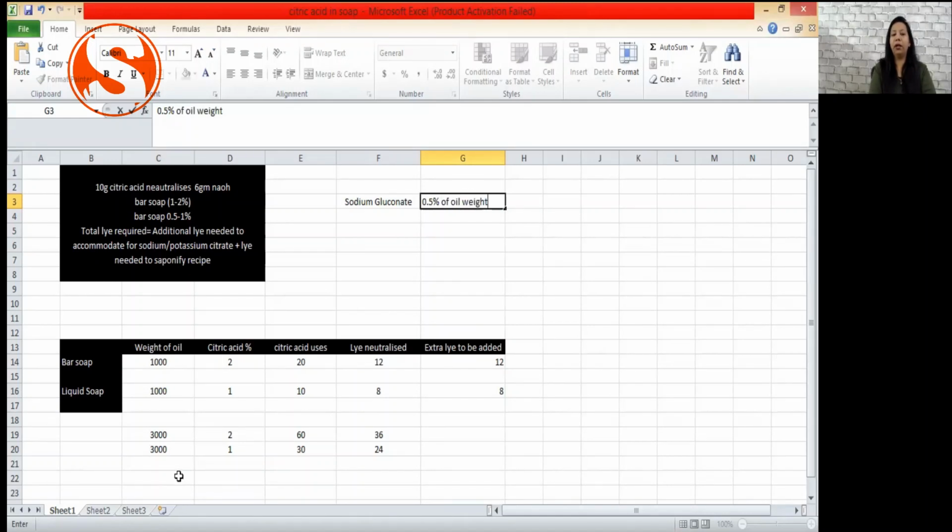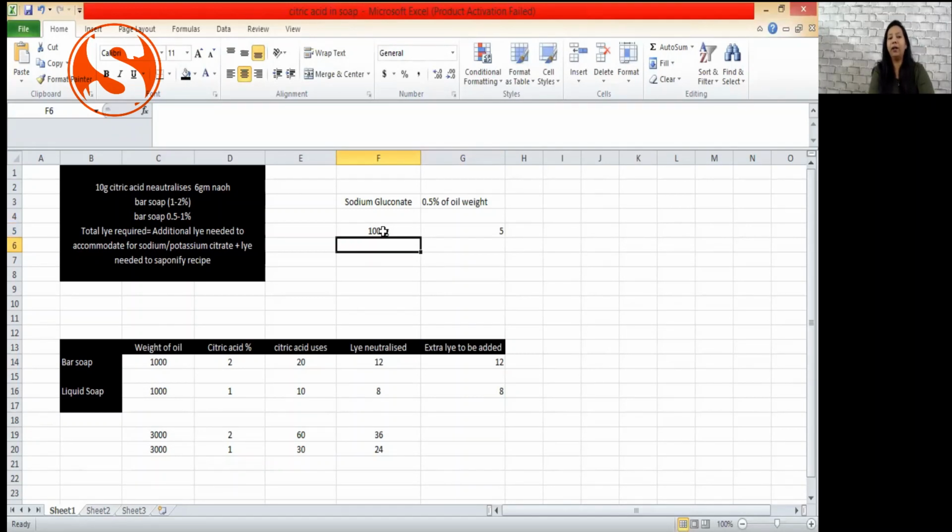Similarly you use the same calculation, but here sodium gluconate is a chelator on its own. It's not neutralizing the lye, so you can just calculate 0.5% and add it to your soaps. If my batch is 1000 grams of oil, it's going to be 1000 into 0.5 divided by 100, which gives me 5 grams.